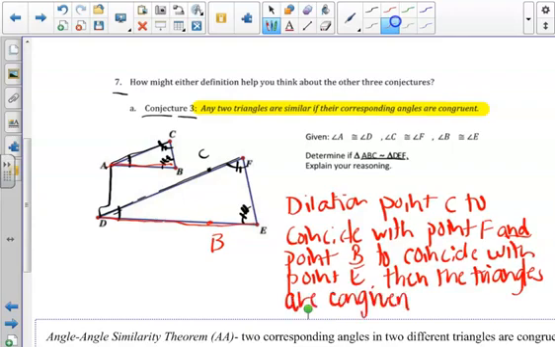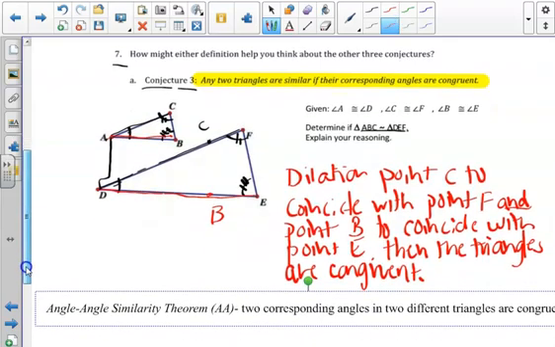And if the triangles are congruent, we then can say that they're similar based on the information we discussed in the last example.